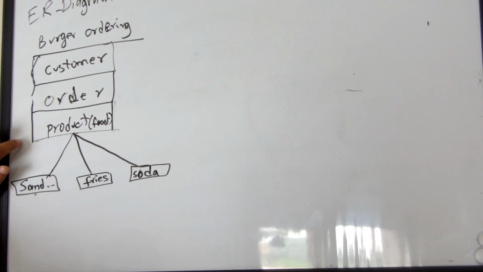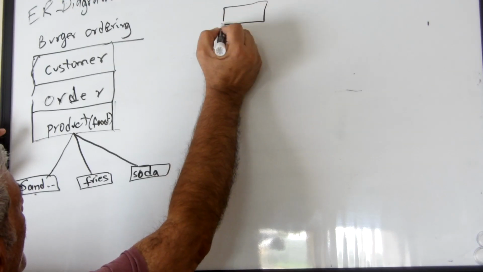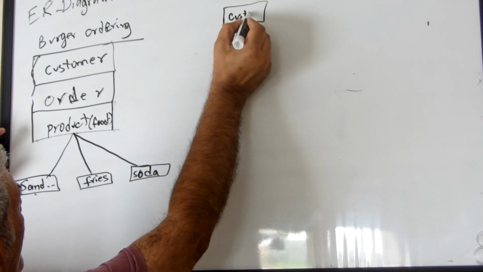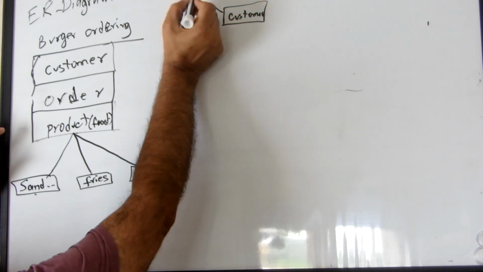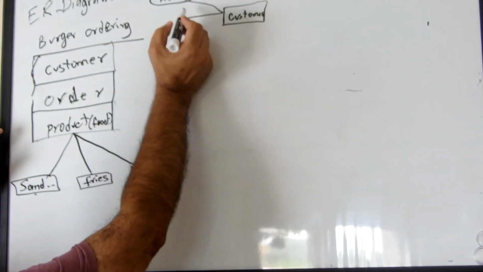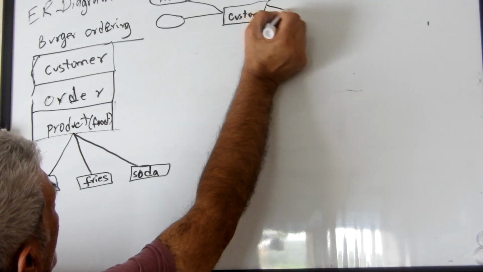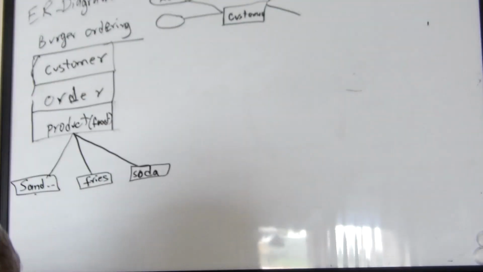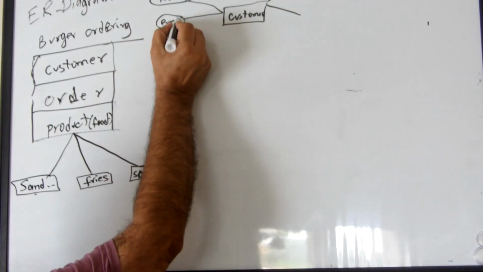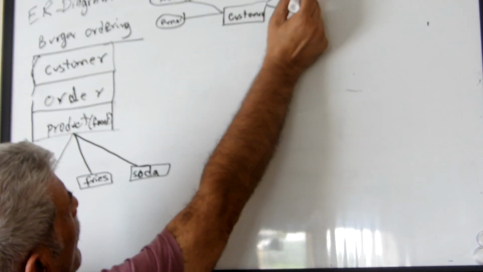Let's draw the ER diagram. A customer here has different attributes: address, first name, last name, email, and then you have a name.